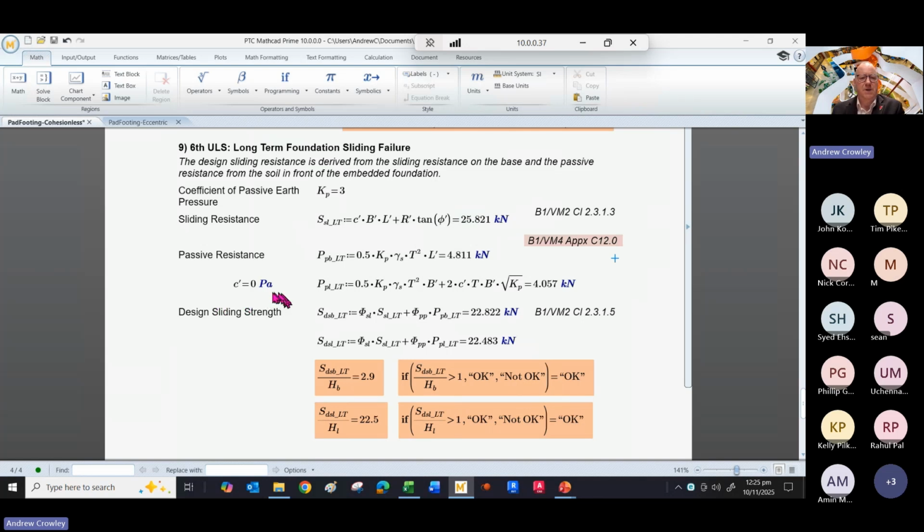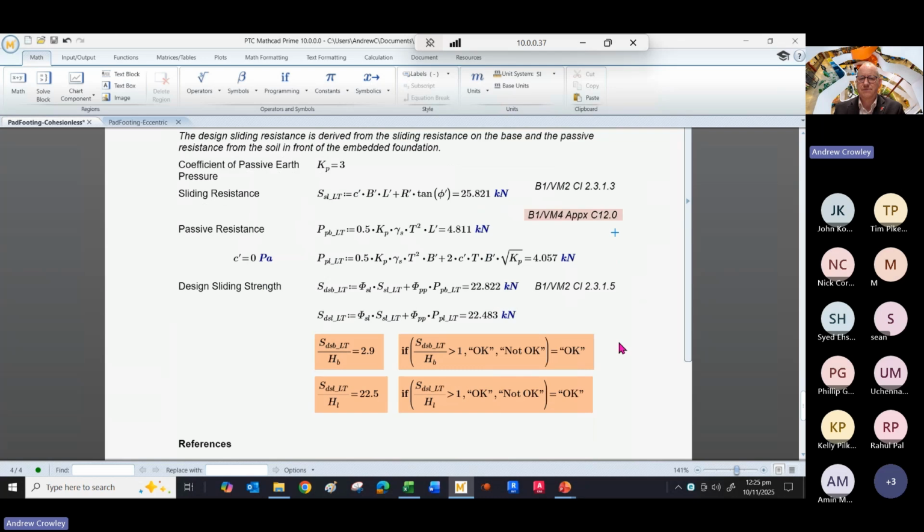And our C dash, as it were, our effective cohesion is 0, and therefore our passive resistance works out as 4 kilonewtons. So we've got a design sliding resistance when we put in our strength reduction factors of 22 kilonewtons in length and 22.4 in the width. So in both cases, they're okay.